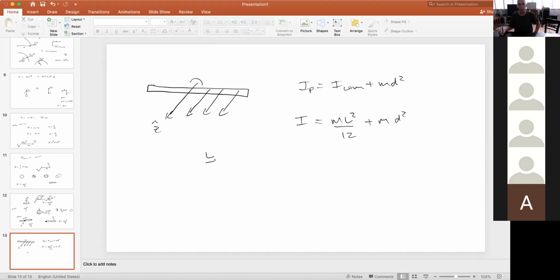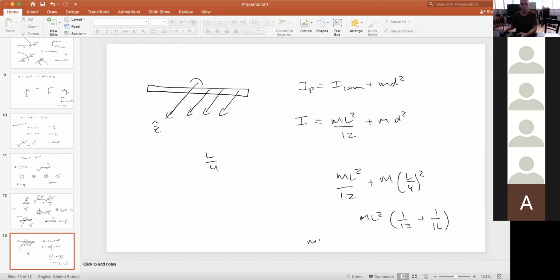If I moved it a quarter of the way to the right, then d would be L over 4, squared. I would get ml squared over 12 plus m times (L over 4) squared. This would be L squared over 16, so I'd have ml squared times (1 over 12 plus 1 over 16). I should have chosen better, but let me do it. 16 times 12 is 192.